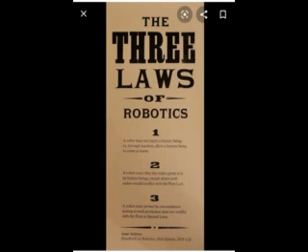Let me repeat the laws framed by Isaac Asimov. There are three laws. First law: a robot may not injure a human being. Second: a robot must obey the orders given by the user. Whatever order we give, the robot will work.